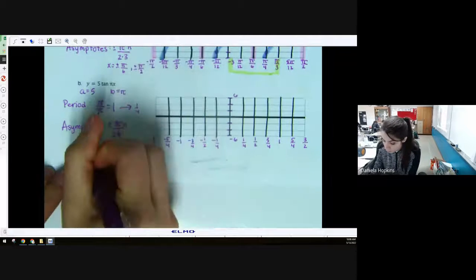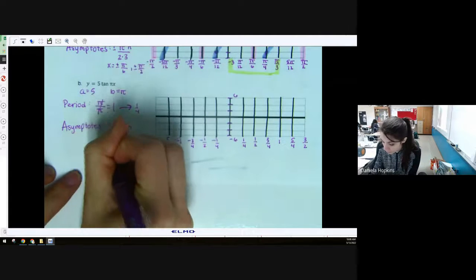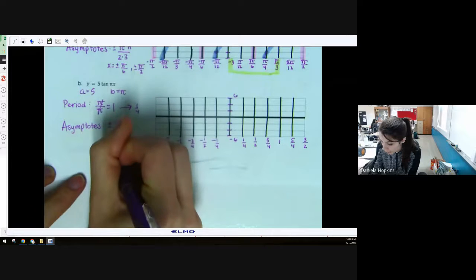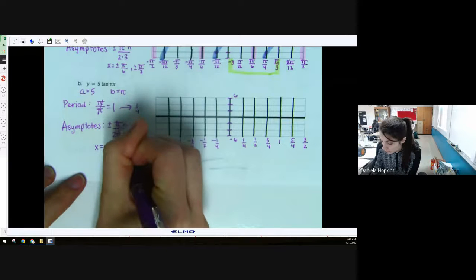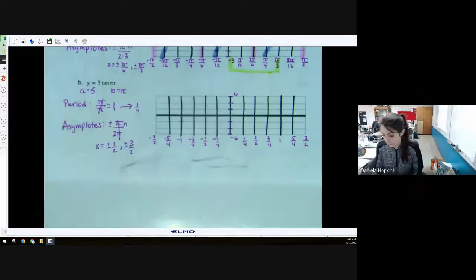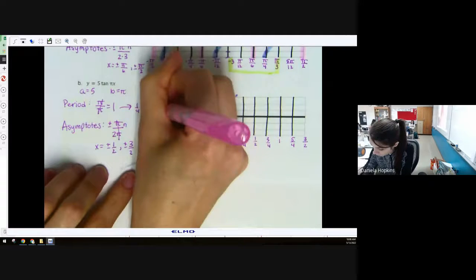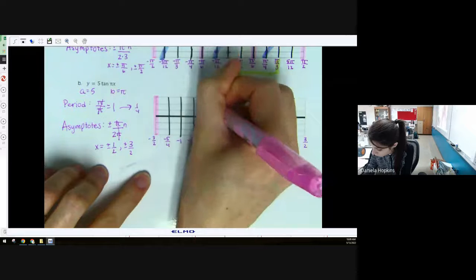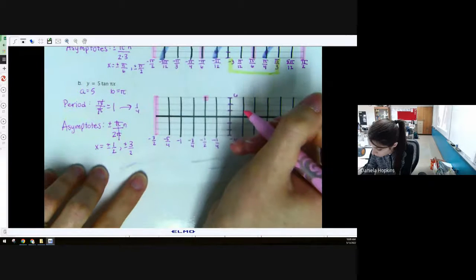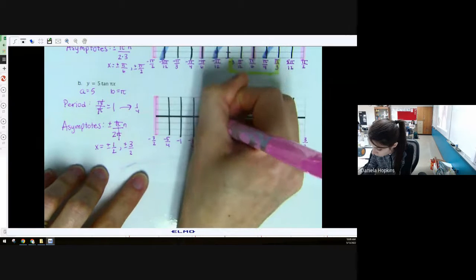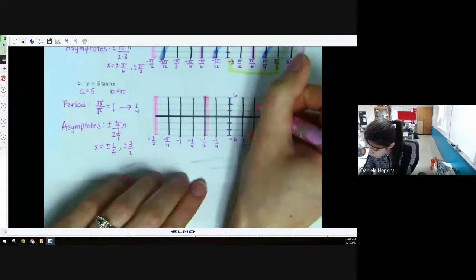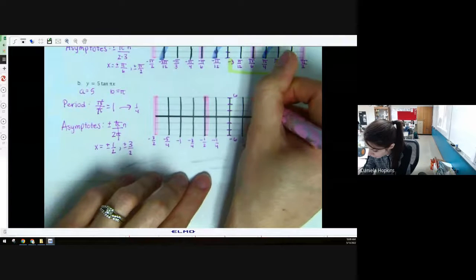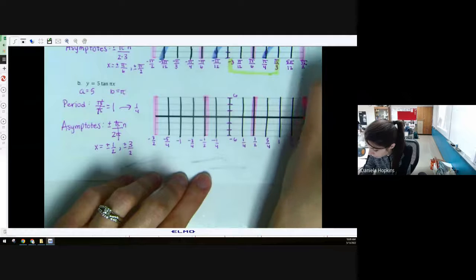These would cancel out, so we're going to end up having asymptotes at x equals plus or minus 1/2, plus or minus 3/2. Somehow that looked wrong for me. There we go. Okay.